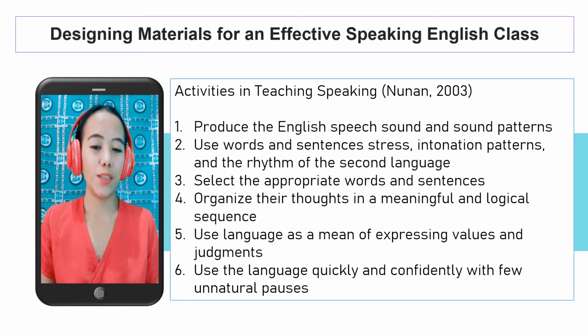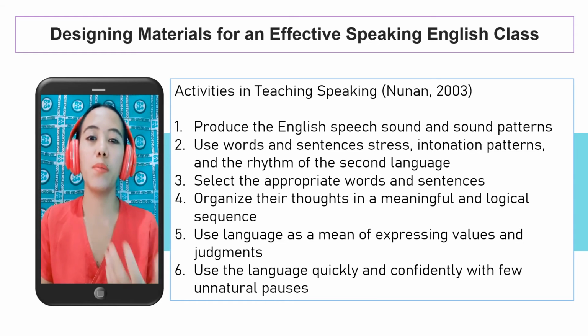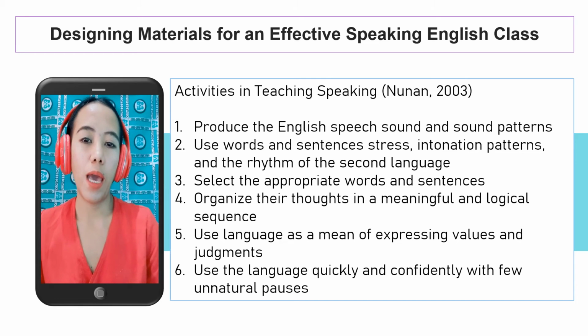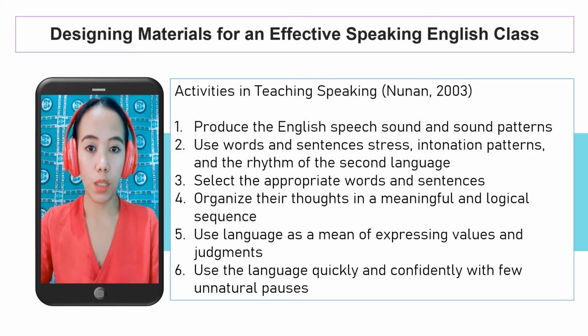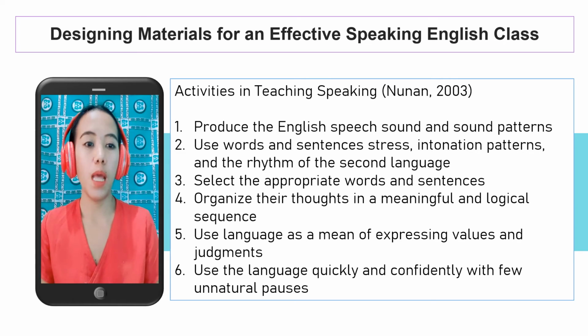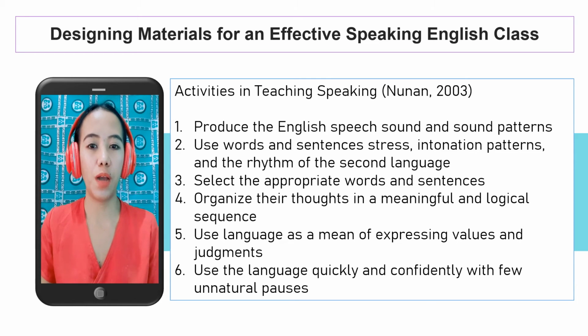Okay, and to help the students developing communicative and efficient speaking activities, the teachers can use activities approach with the combination of language input, structure output, and also the communicative output.